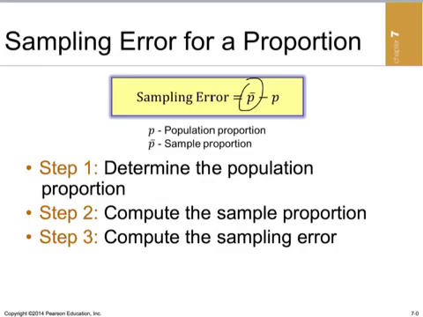So if I were to do this with the proper notation that I would like to use, it would be P bar minus pi. All right? And then pi would be the population proportion, P bar would be the sample proportion. So we could determine that sampling error. And then remember that the Z value associated with a sampling distribution is the sampling error divided by the standard error. So we want to know what those are.